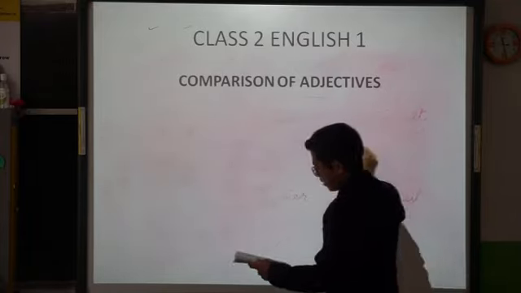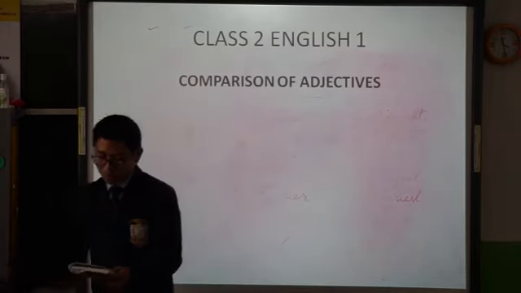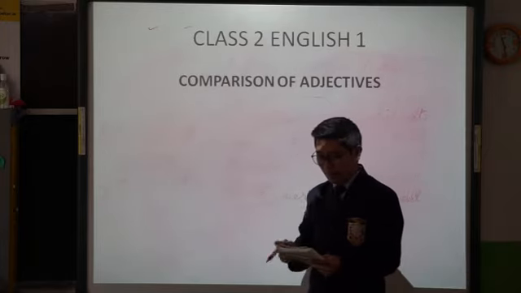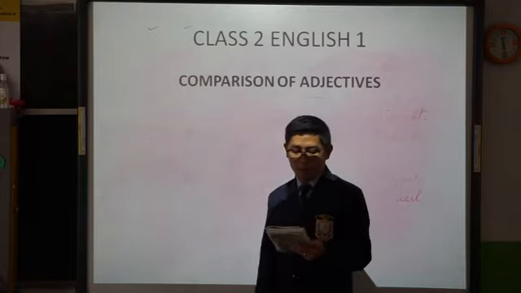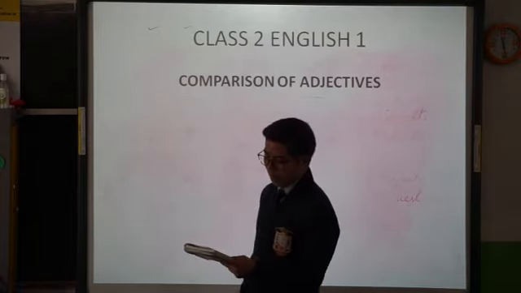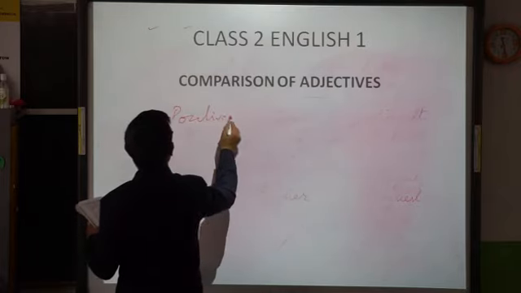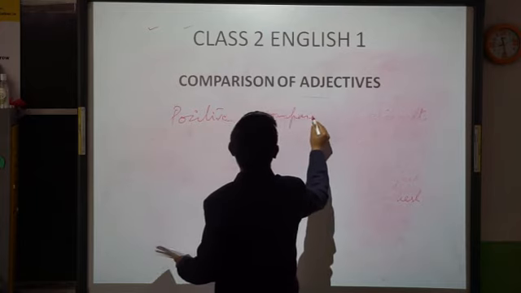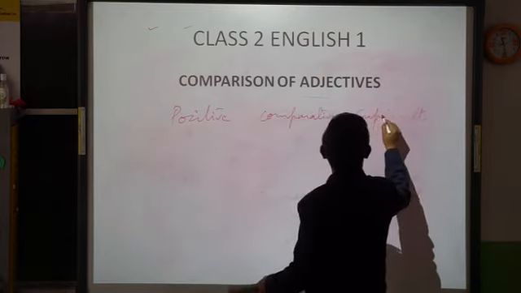Okay, let's see what's that. The comparative and superlative degrees of many adjectives are formed irregularly. That is, their comparative and superlative forms are completely different from their positive form. For example, positive, comparative, and superlative.